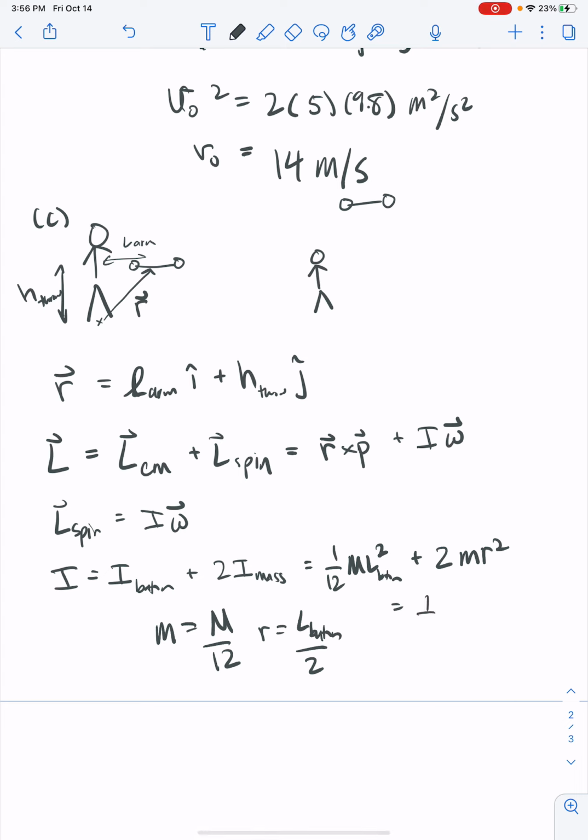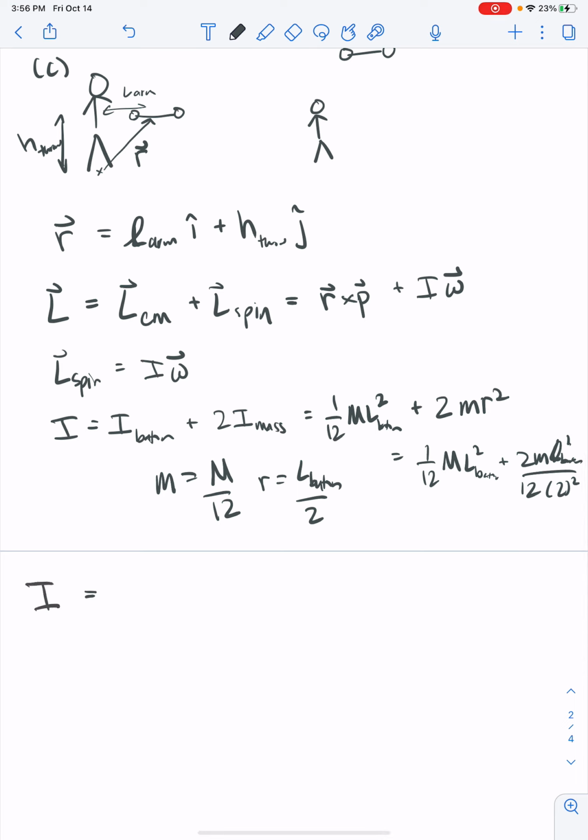So we've got 1/12 m L baton squared plus 2 times m L baton squared over 12 times 1/2 squared.